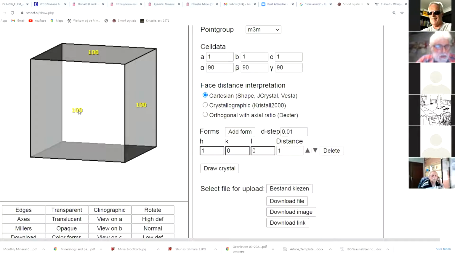It doesn't show the Miller indices of every face, because if you add the axis and the Millers, it doesn't do both. Okay, so this face is the 100 face. This face is actually the 001 face. Okay, but all these 6 faces of the cube belong to the 100 form.